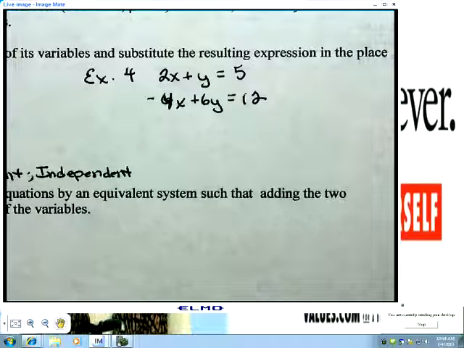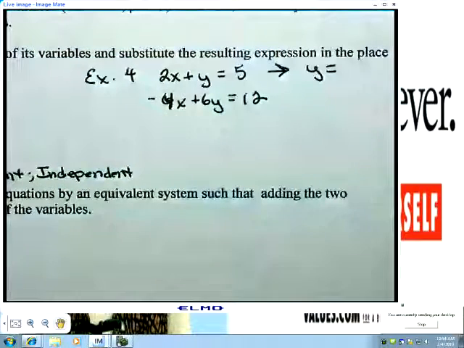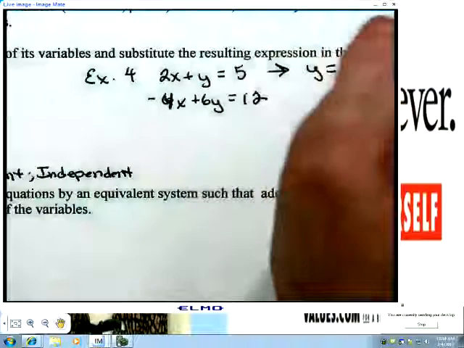In which equation would it be easiest to get one of the variables by itself? The first or the second? The first one. And which variable would be easiest to get by itself? That y. Even though I can't tell you the numeric value of y, I can tell you what y equals just by subtracting 2x from both sides. Y has to equal 5 minus 2x.